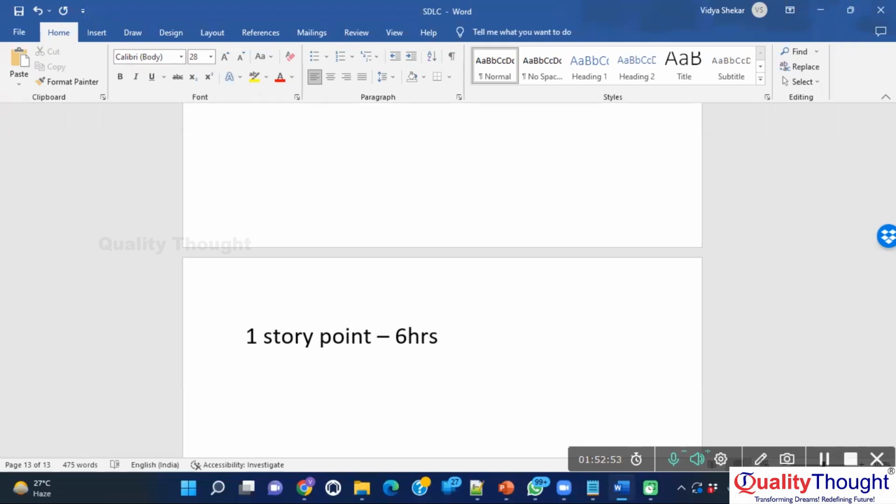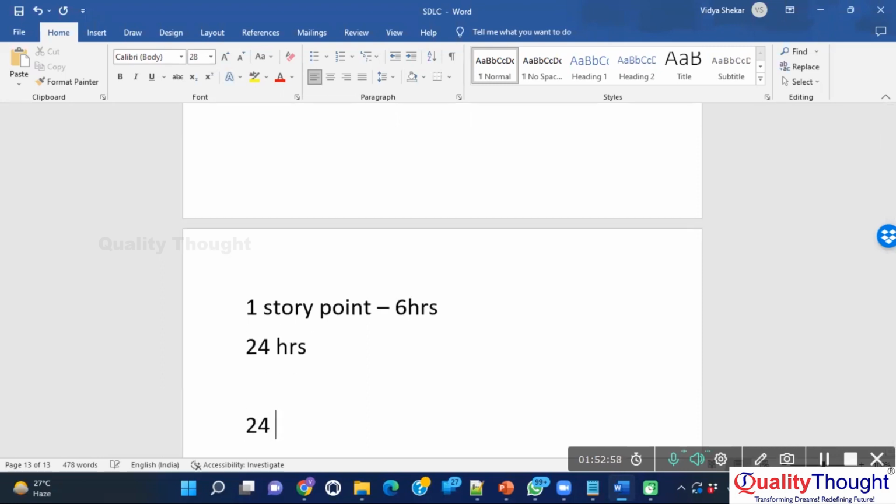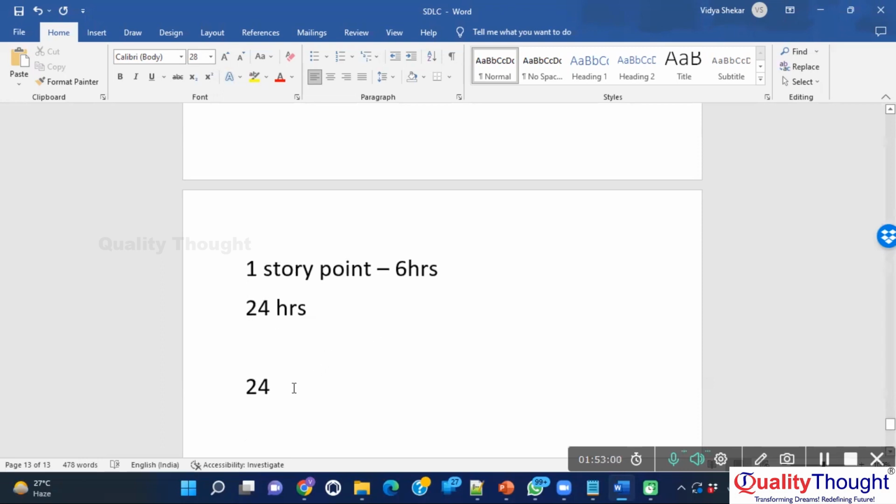So when I have 24 hours, it is 24 divided by 6, which is 4. That is 4 story points.